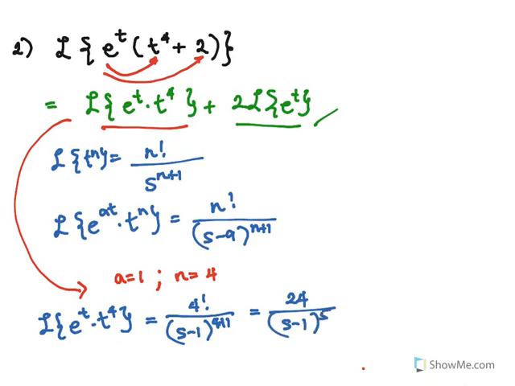Then we know that the Laplace transform of e raised to kt is 1 over s minus k. In this case, our k is 1, so that's 1 over s minus 1.